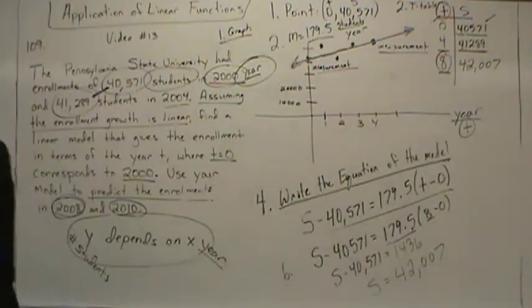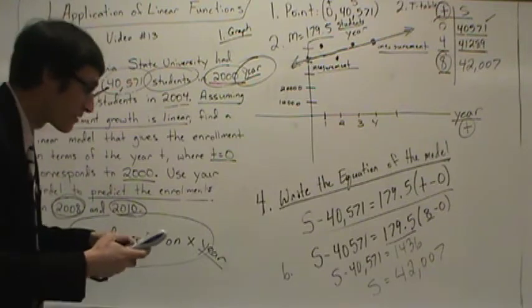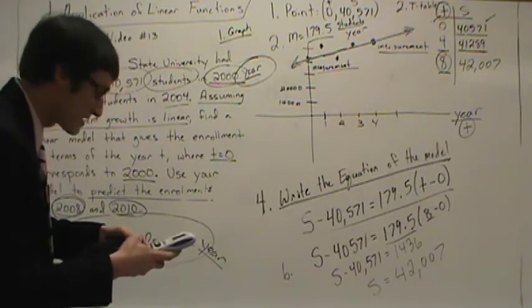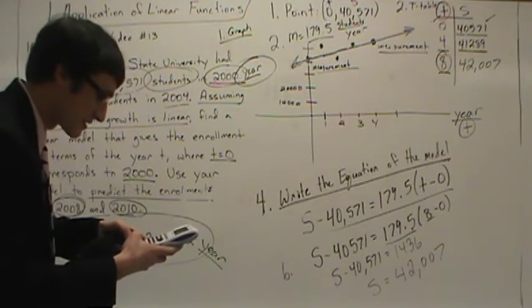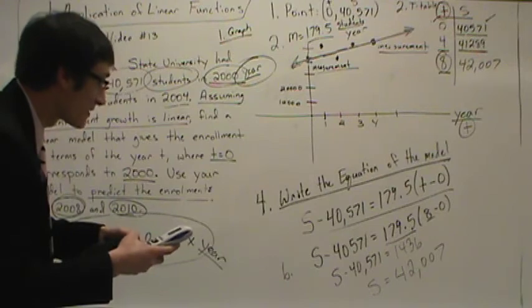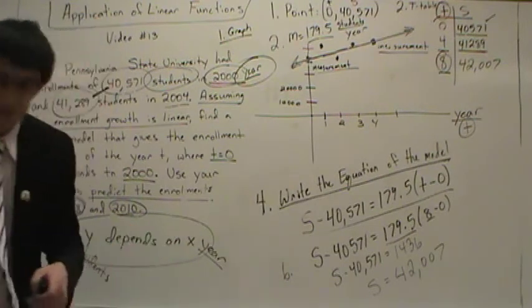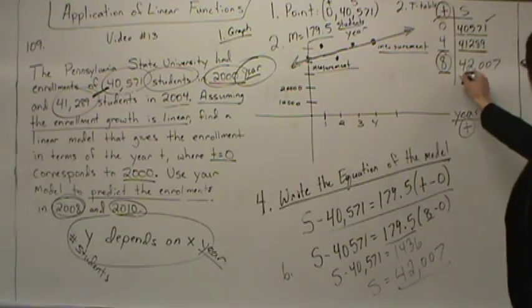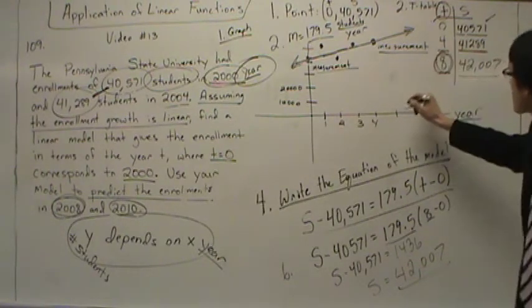Let me just double check the math on that. 179.5 times 8, yes, 1436 plus 40,571 is 42,007. So we're predicting, based on the trend, that there will be 42,000 students in 2008.